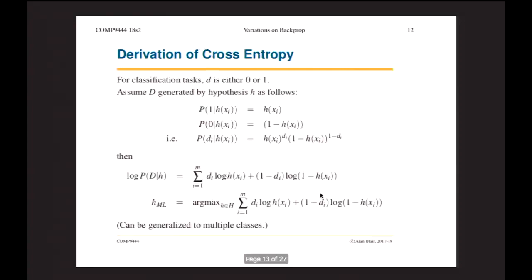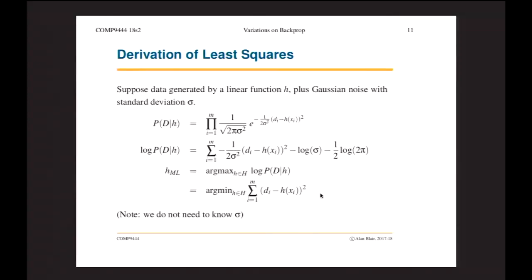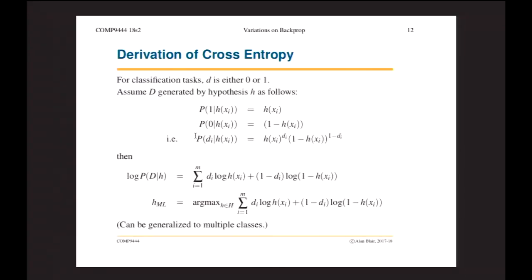Now what about cross entropy error? Well, if we're doing a classification task, the output is either 0 or 1, so we have to come up with a sensible interpretation of this probability of D given H. So the data that we're observing, we assume is 0 or 1.